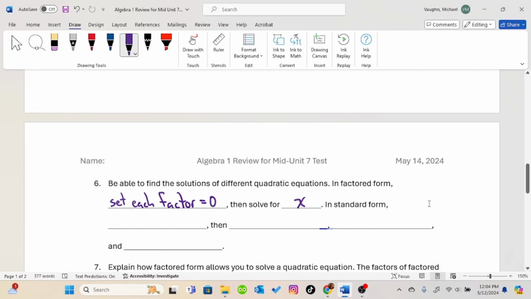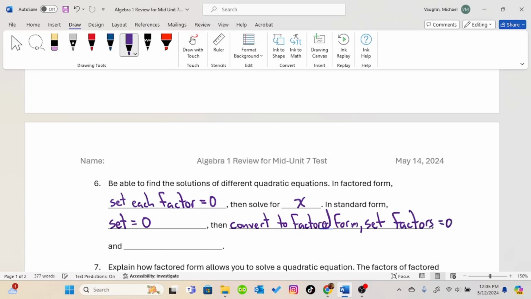In standard form, set equal to 0, then convert to factored form, set factors equal to 0, and solve for x.